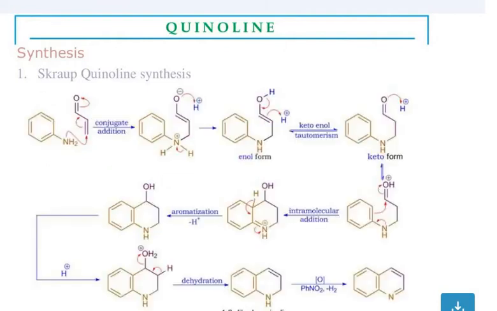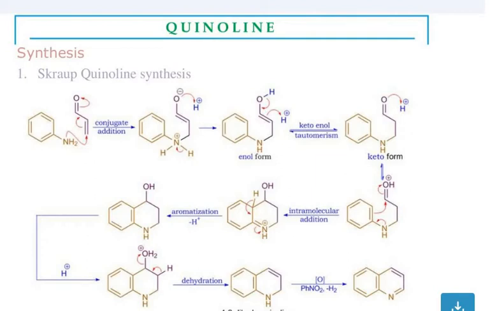Now acrolein reacts with the aniline, forming a carbon-nitrogen bond, and nitrogen has a positive charge, a conjugate addition. Then O minus traps H plus forming OH, and then the double bond approaches H plus forming the enol form.